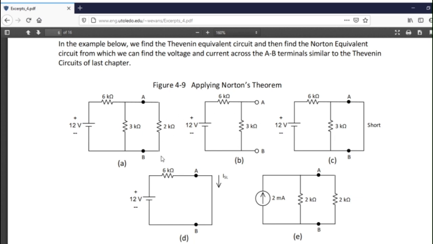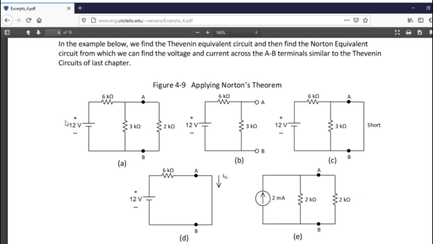So I take out the 2K, and I add a short here. If I short this out, what would be my I shorted load? Well, it's 12 volts divided by 6K, or 2 milliamps. So there's my 2 milliamps. Then I ask the question, if you short this voltage out, I have 6K in parallel with 3K, or 2K. So basically, this is my Norton equivalent of this circuit.